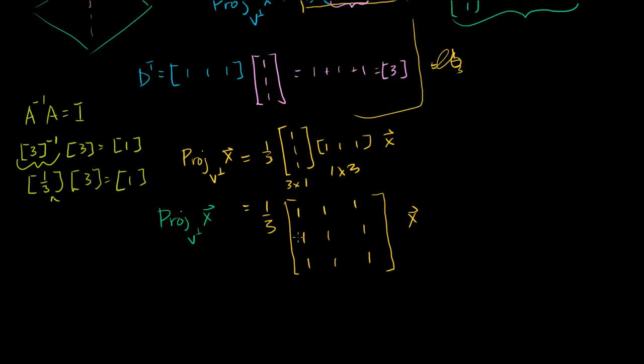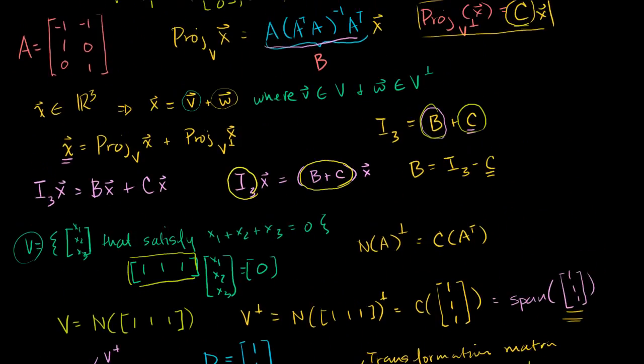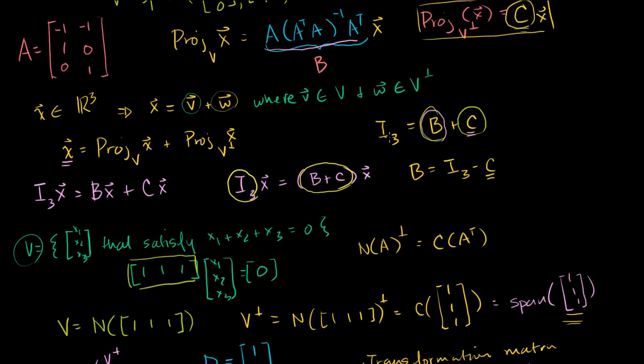Now, we know that this thing right here is our original C that we said. Let me refer back to what I wrote way up here. We said, look, the identity matrix is equal to the transformation matrix for the projection onto V plus the transformation matrix for the projection onto V's orthogonal complement.